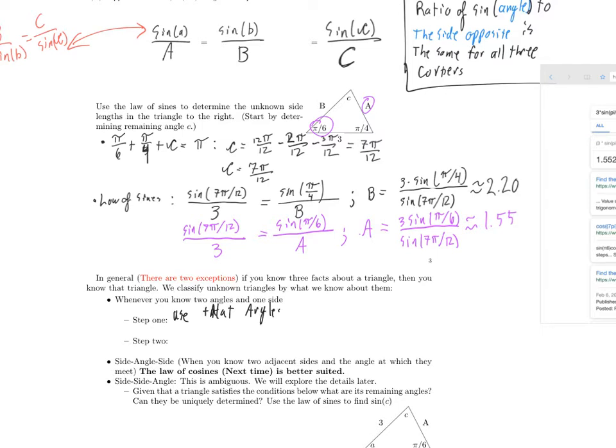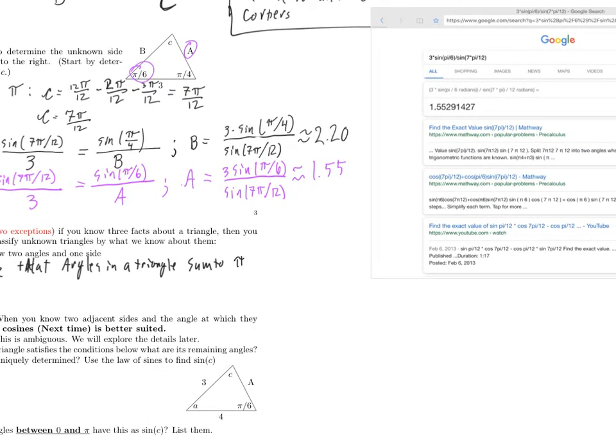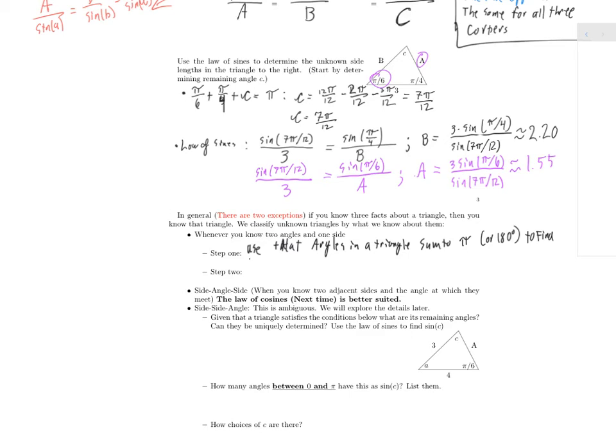So step 1, use that angles in a triangle sum to pi radians, or 180 degrees, to find the remaining angle.